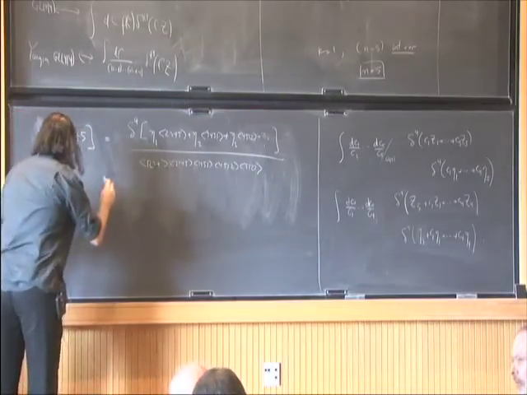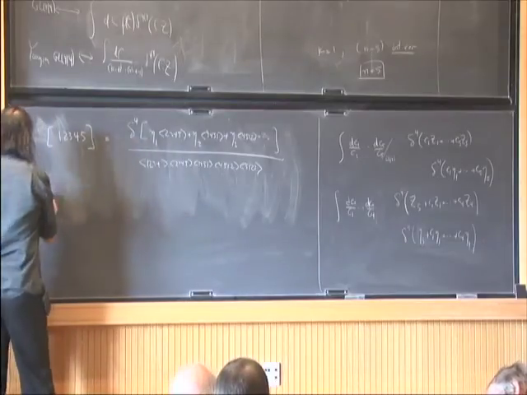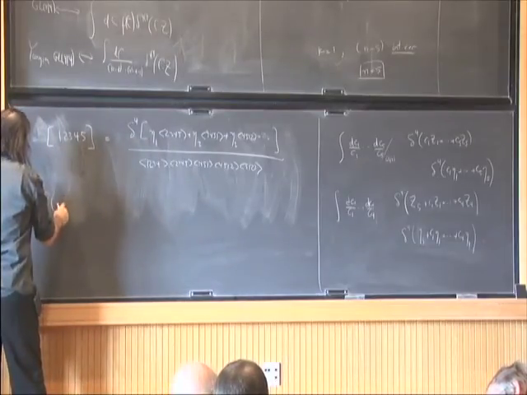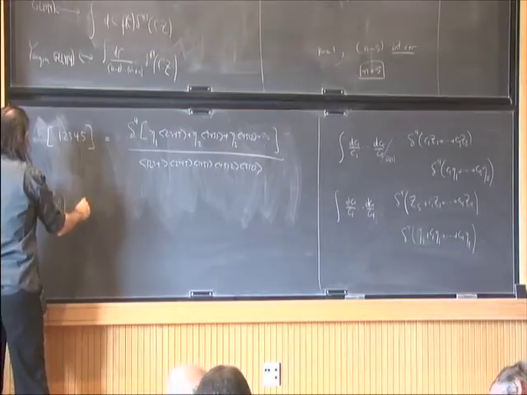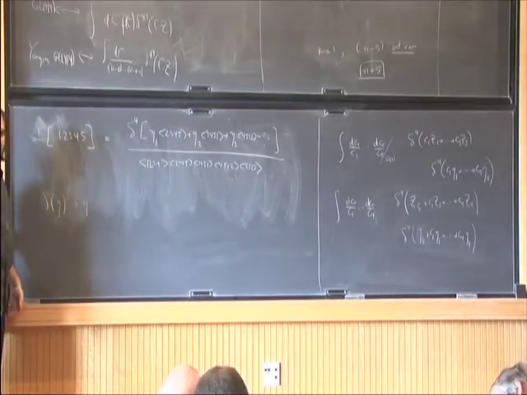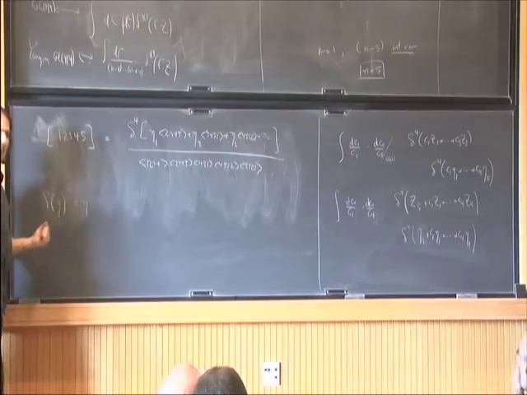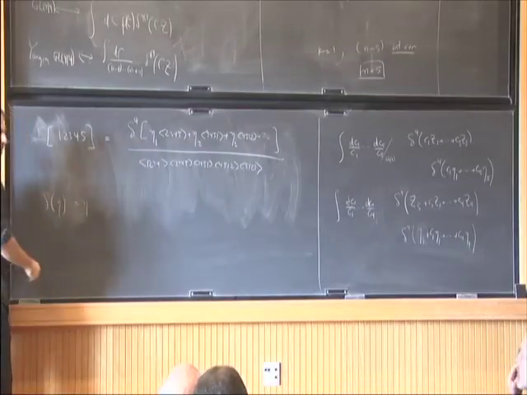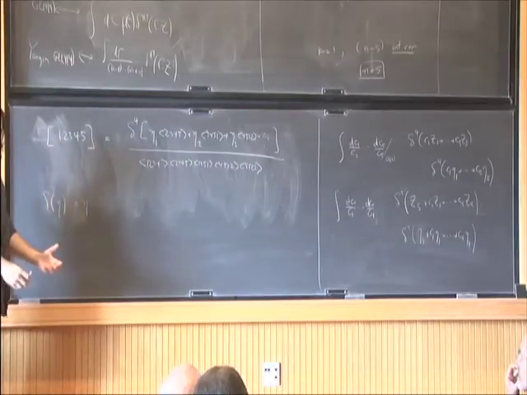So let's talk about this notation. If we just have a single Grassmann variable eta, delta of eta is just eta. The idea of this definition is that it behaves like a delta function under Grassmann integration.